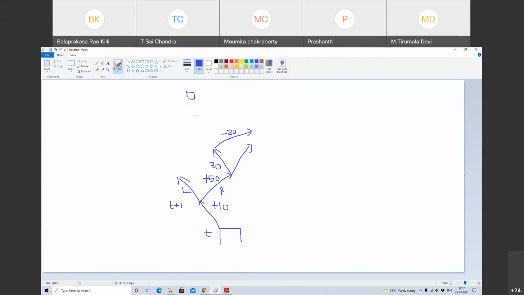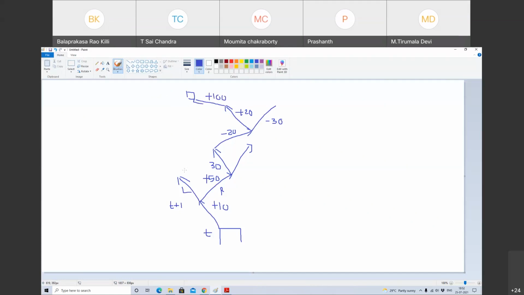If it has moved in this direction, then it would have been near to the goal. Right now it has to move left. If it moves right again, it will get minus 30, let us say. If it moves left, then it will get a plus 20 reward. Finally, when it reaches the target, let us say it will get some reward of plus 100. So what is the goal?